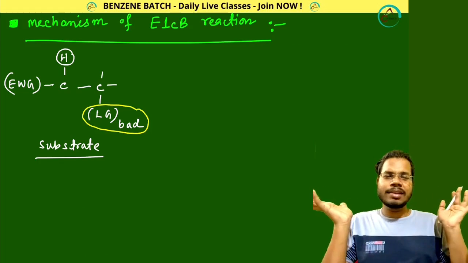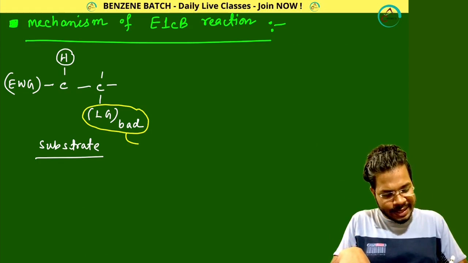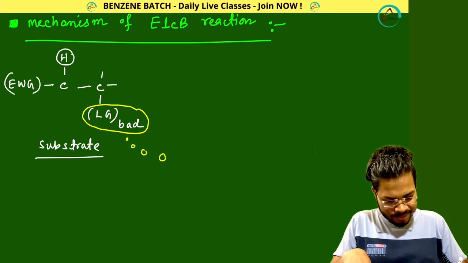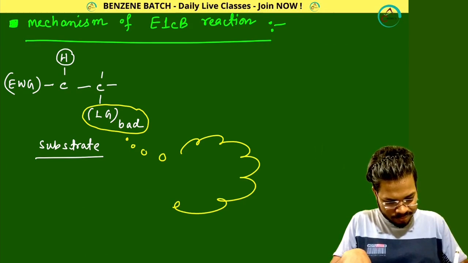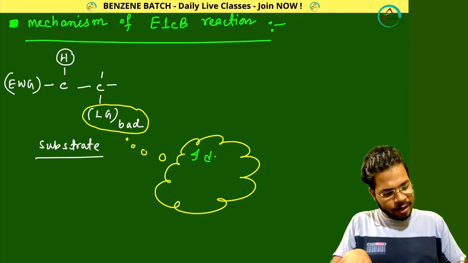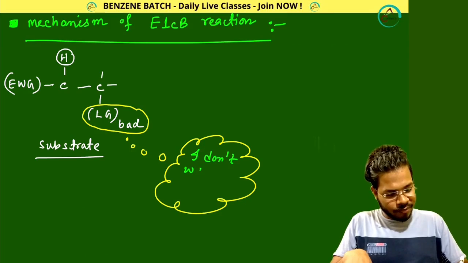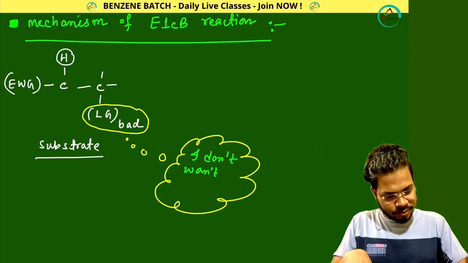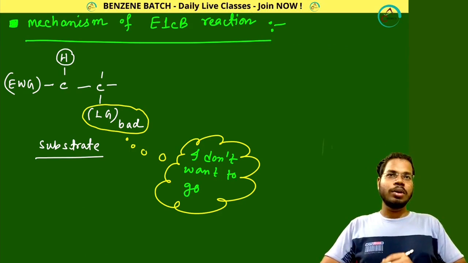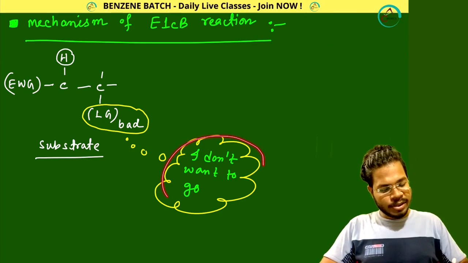So what happens in case of a bad leaving group? The bad leaving group will say, I don't want to leave, I don't want to go.